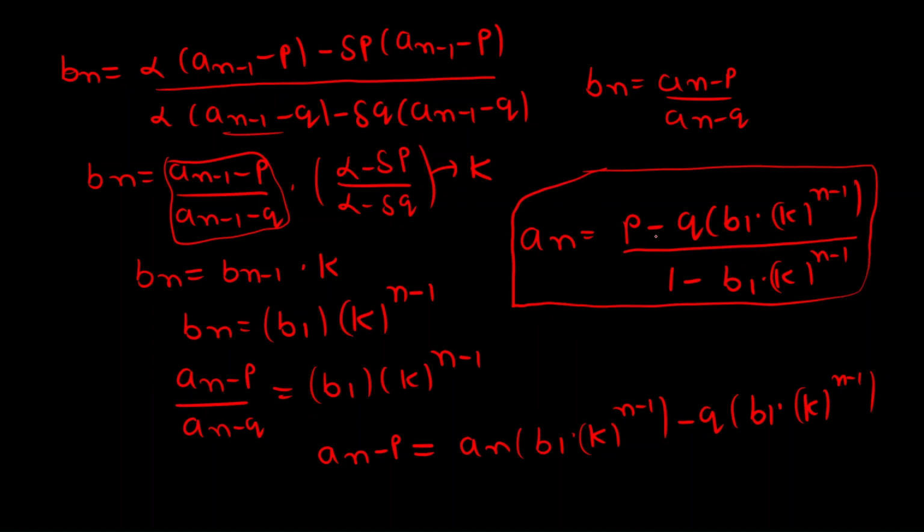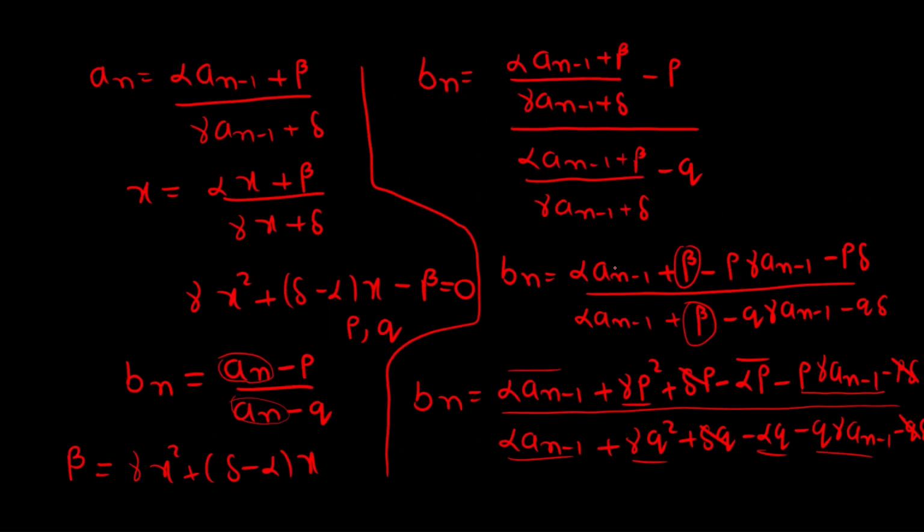You know what p and q are? P and q are the roots. K is nothing but this value. So this is our solution. Now when we started, I took an and an minus 1 to be x. Now this x has a special name. It is known as the fixed point of the sequence.